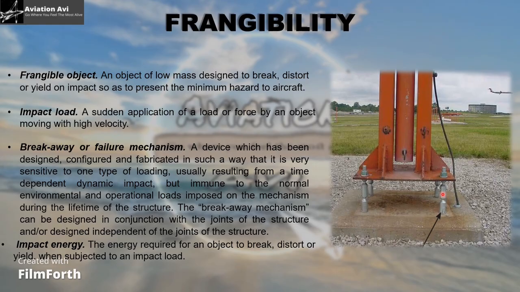So whenever an aircraft hits the pole, it immediately falls just because the bolts fail from here. Moreover, the material of this pole is not so heavy. In fact, these two hold the center one so as to break in the case when the aircraft hits it with a high impact force.